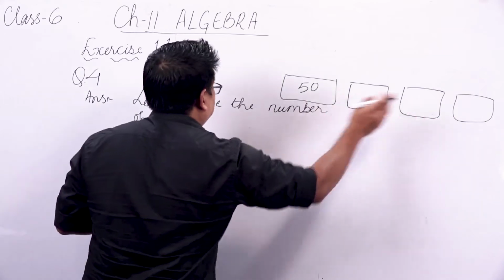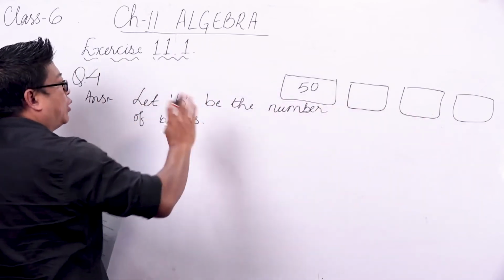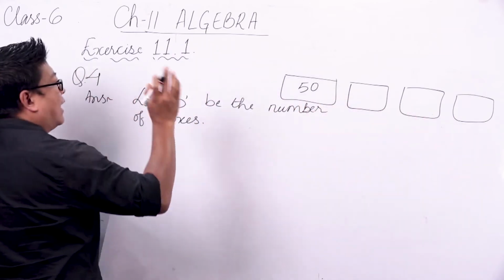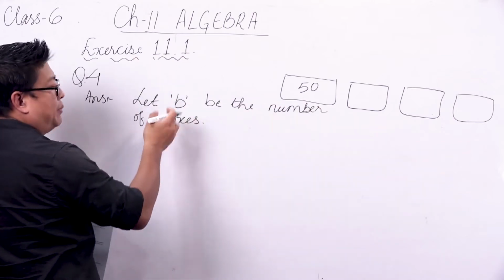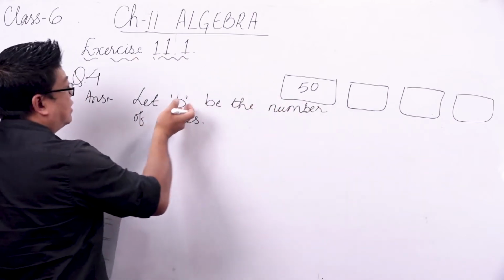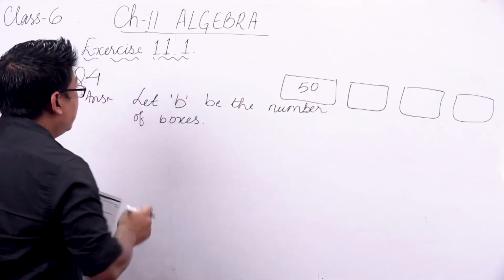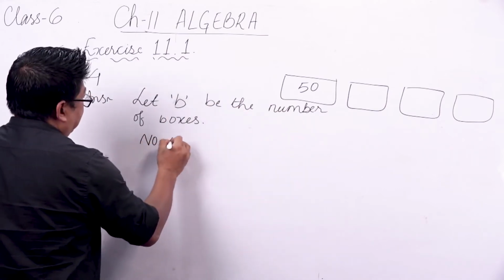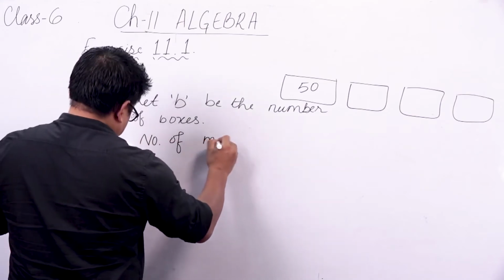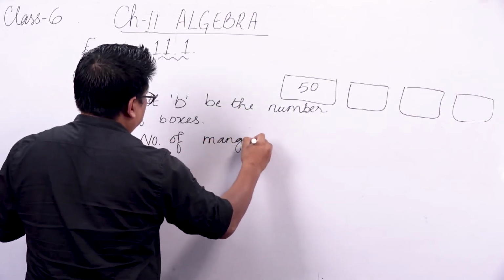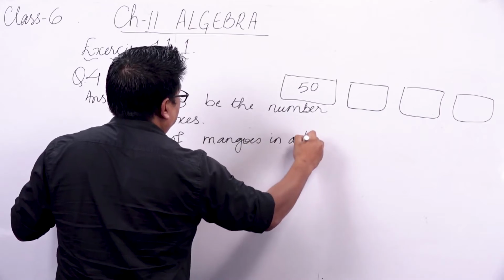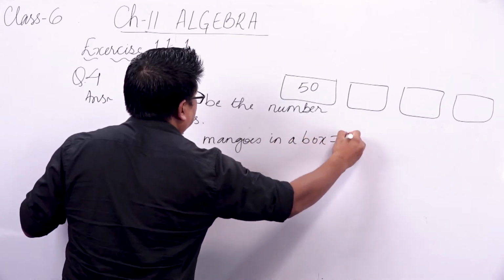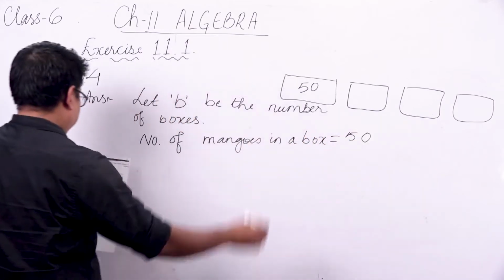So the number of boxes is denoted by B. We don't know how many boxes, but if you use 5, this B will be equal to 5. If you use 4 boxes, B will be equal to 4, all right? So let B be the number of boxes and the number of mangoes in a box is already given as 50, right?